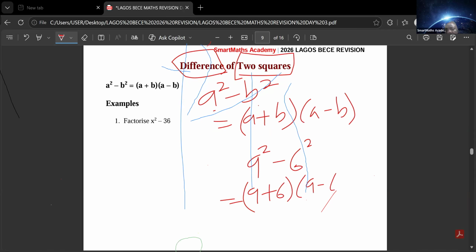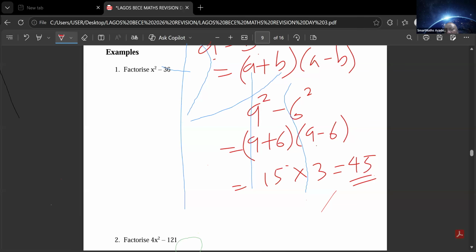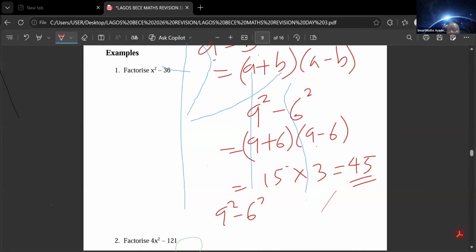So 9 plus 6 is 15, times 9 minus 6 is 3. So 15 times 3 is 45. Very good. We got 45. Now let's solve it without using the formula. 9 squared is 81. 6 squared is 36. Let's subtract: 81 minus 36.